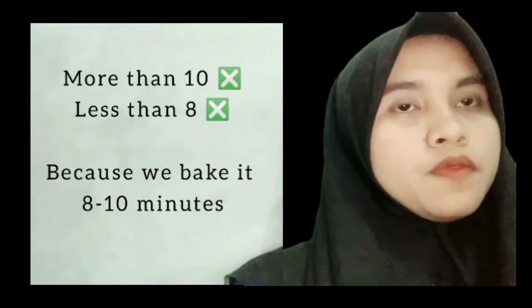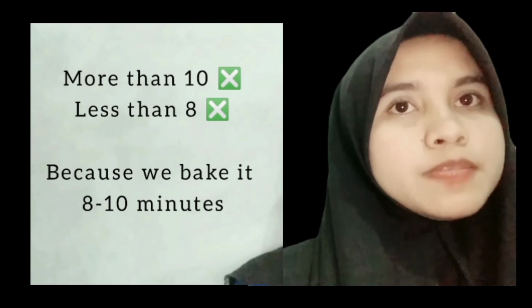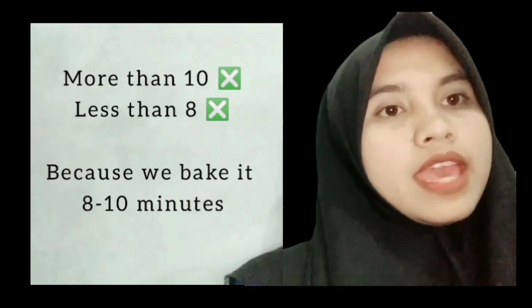After we found the time, we can conclude that we cannot bake it for more than 10 minutes because the text explains we can only bake it 8 until 10 minutes. So we know that if it is more than that, the cake will be scorched, and if it is less than that, the cake is not cooked well.